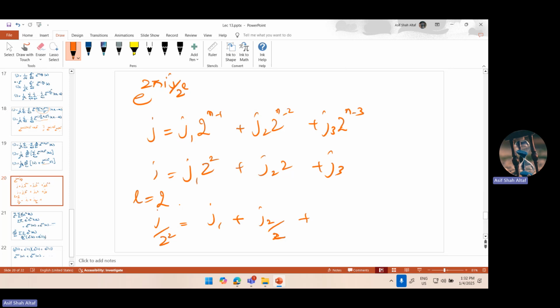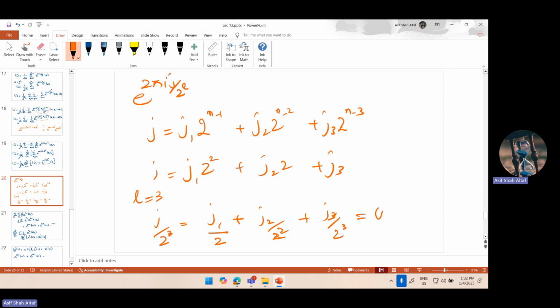Okay, for simplicity, let me first show it for L equal to 3 to keep things a bit simple. So this will be square, and J3 will be cube. So this is a representation of a binary fraction.